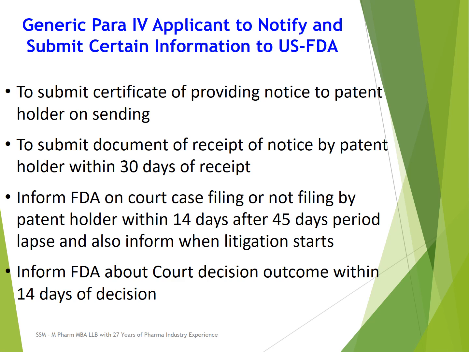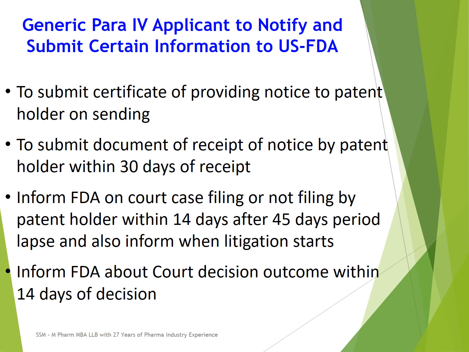Next, the generic para 4 applicant has certain responsibilities to notify and to submit certain information to USFDA. These are: the generic applicant has to submit the certificate of providing notice to the patent holder, on sending the notice that he is filing a para 4 application and challenging the patent.